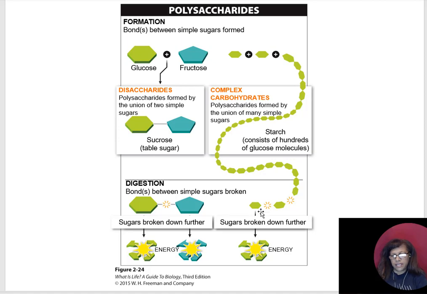When I break down complex carbohydrates, when I break down polysaccharides, I'm also getting energy, but I have to keep breaking them over and over to get to more energy, right? So between each bond, I'm getting energy, but it's going to take a bit to make my way through the entire chain of that polysaccharide, okay?